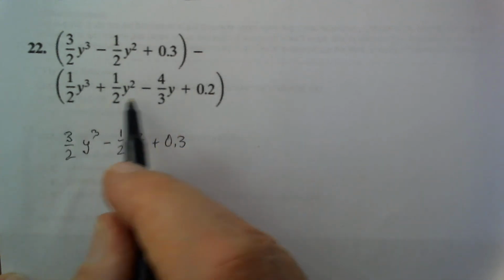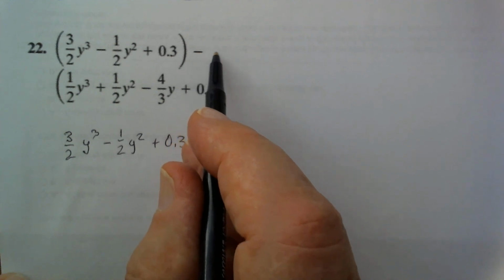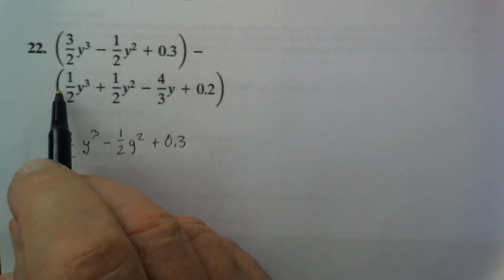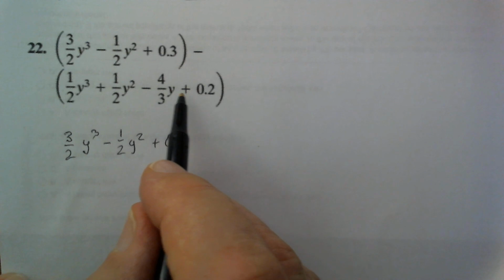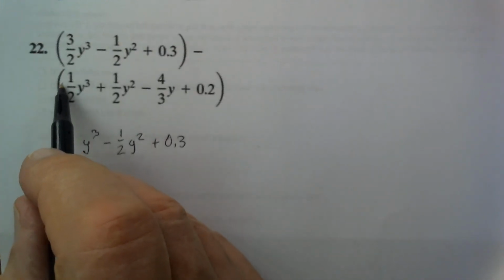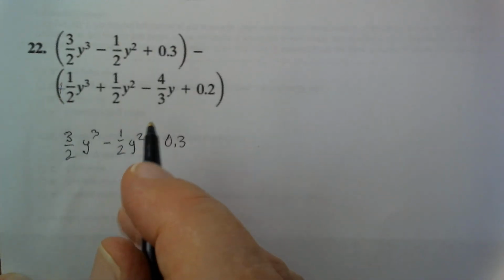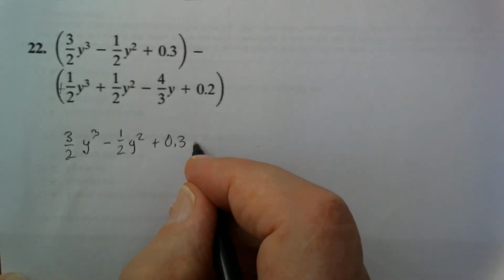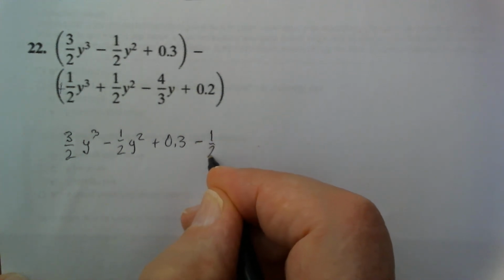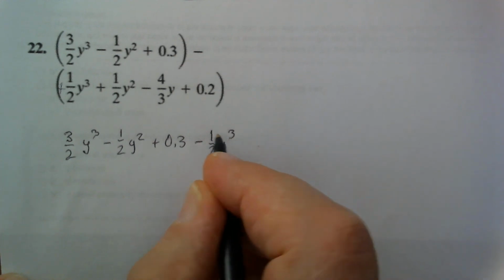Now for the next set of parentheses, remember it's preceded by a minus sign, so we need to change the sign of each one of the terms inside the parentheses. So this, of course, has an implied plus sign, so it becomes a minus. So minus 1/2 y to the 3rd.